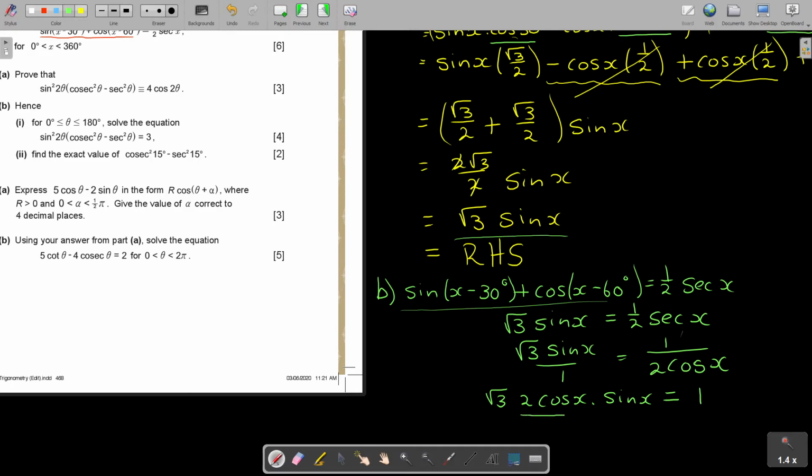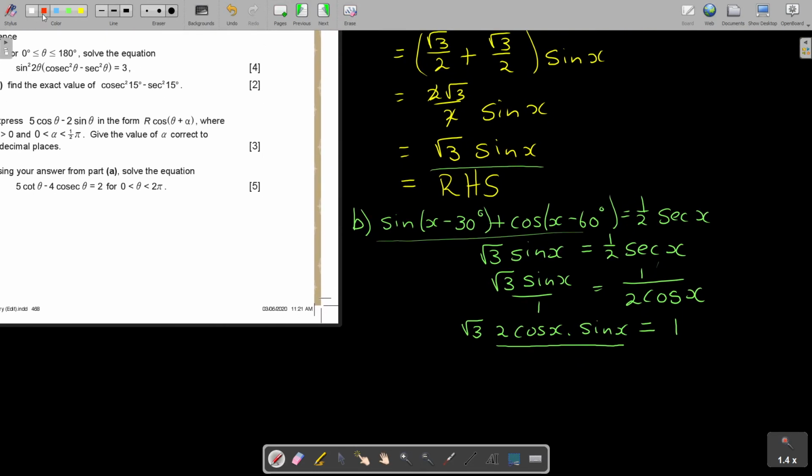Can you remember this from the previous page? To get that alone, I divide by square root 3, so I end up with 2 cos x sin x equals 1 over square root 3.